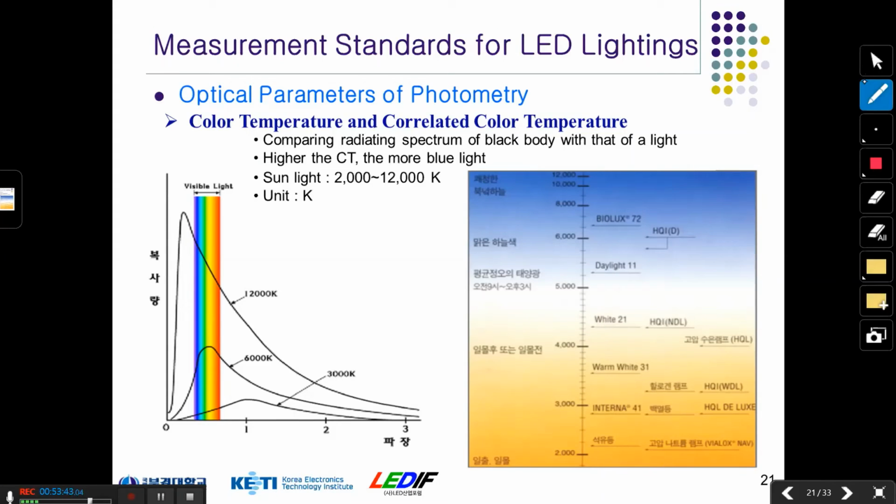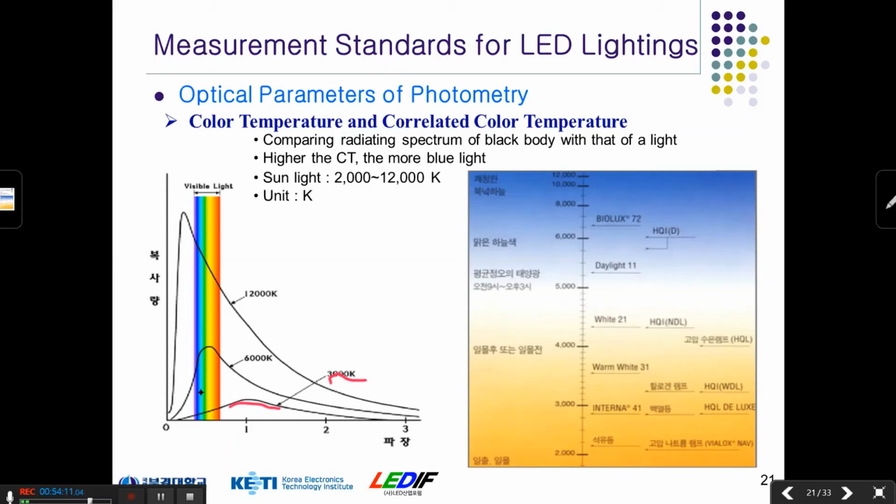This slide shows the spectral variations according to the blackbody temperatures. The higher the temperature of a blackbody, the more blue light is generated. The blackbody of 3000 Kelvin gives a spectrum of the rose line.